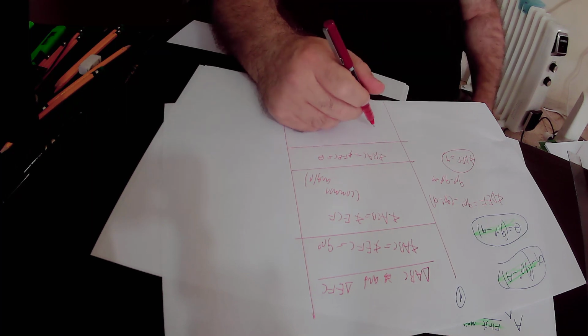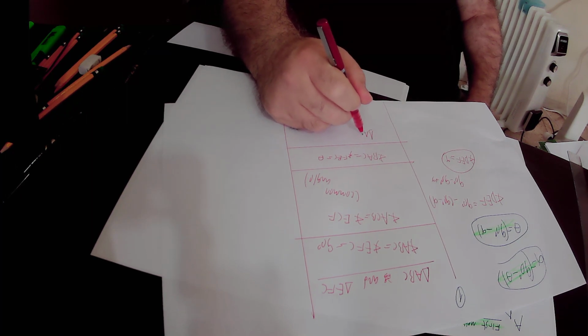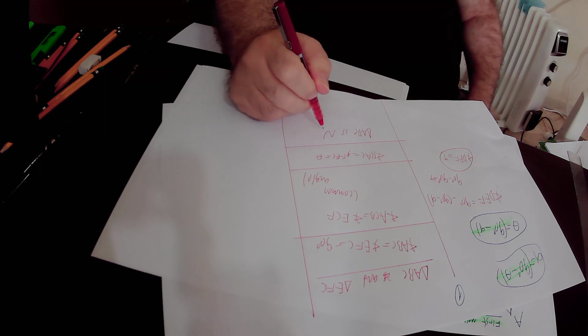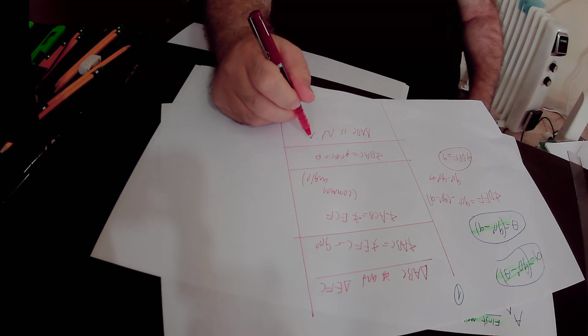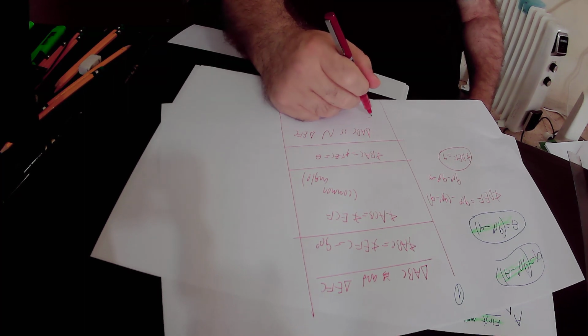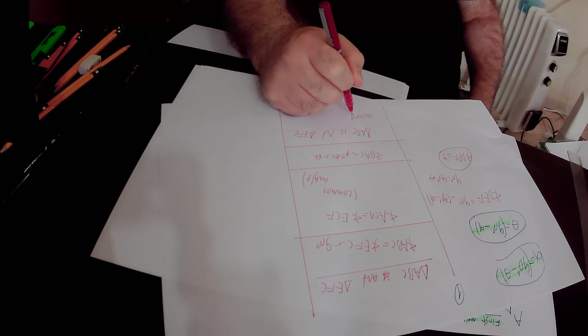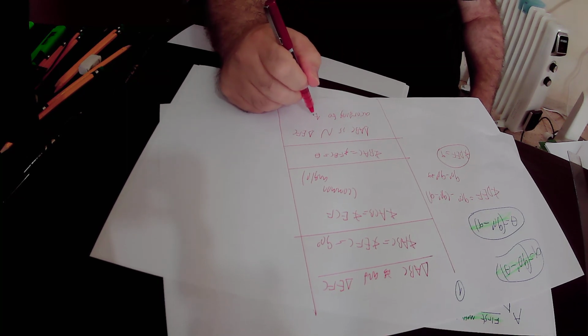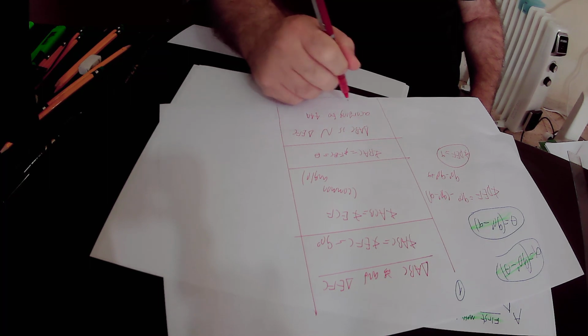I will write it down. We proved that triangle ABC is similar, this is the sign of similar, to triangle EFC according to the angle similarity rule.